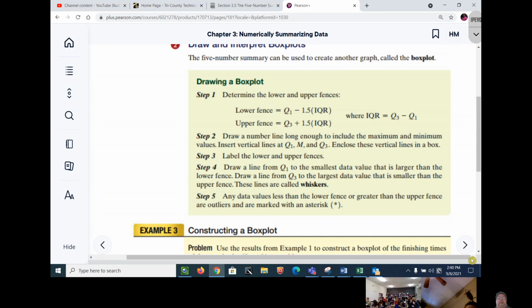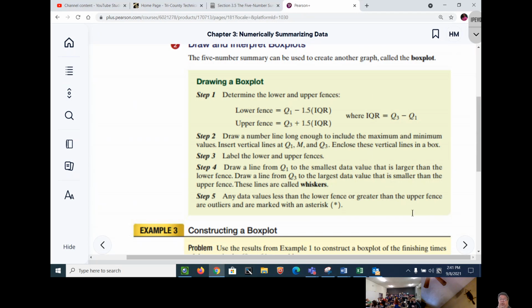You take the first quartile and subtract 1.5 times the interquartile range. For the upper parameter, you take Q sub 3 and add 1.5 times the interquartile range. And I'll show you what this does.